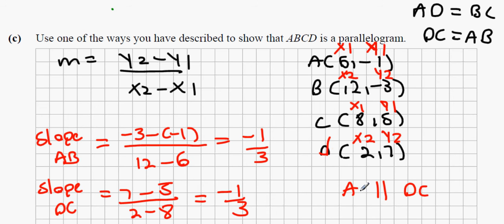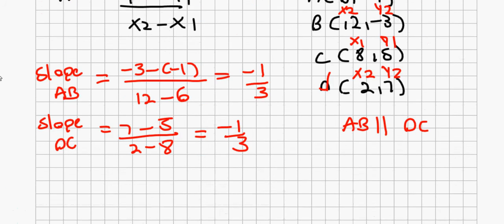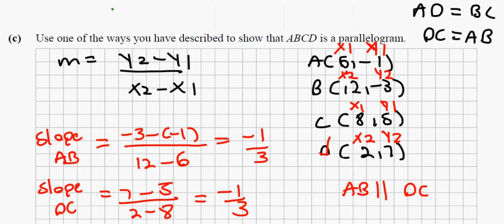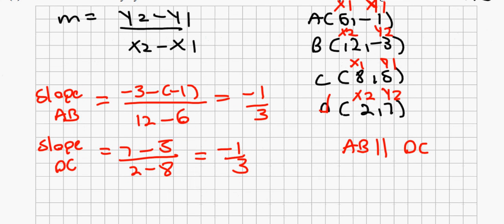Now, the next one after that, I need to get the slope of BC and the slope of AD. Okay, so BC and AD. So we'll try this one now.